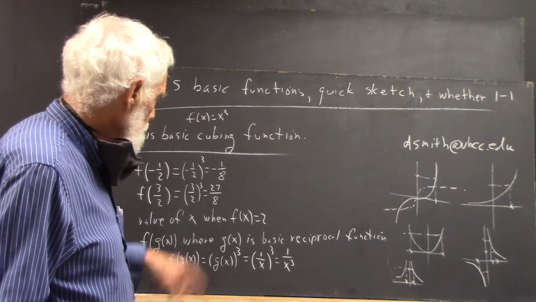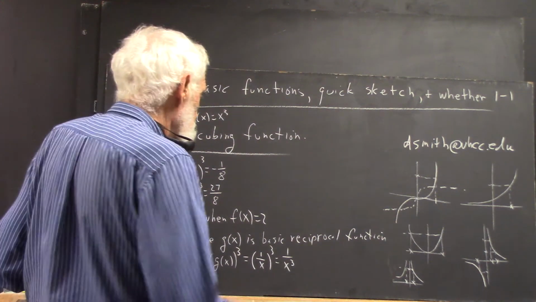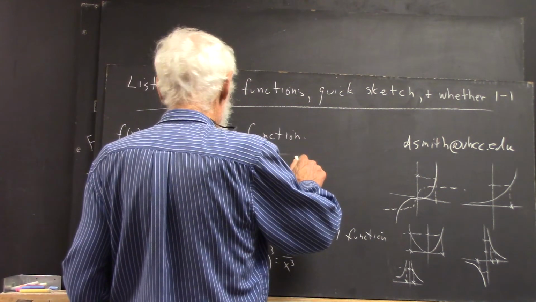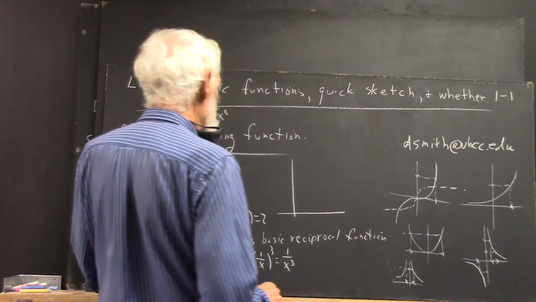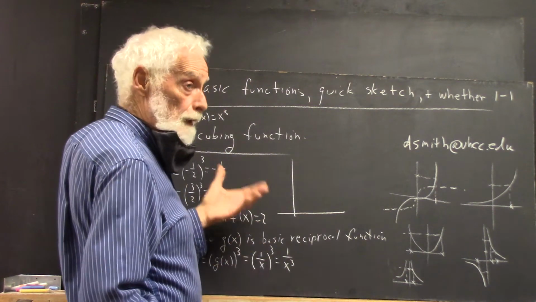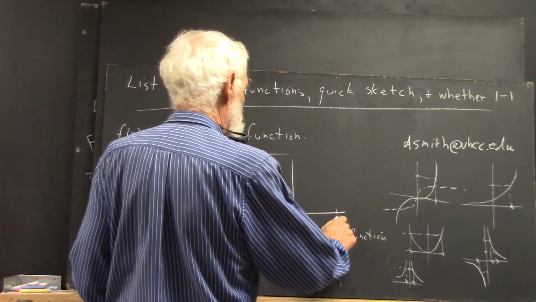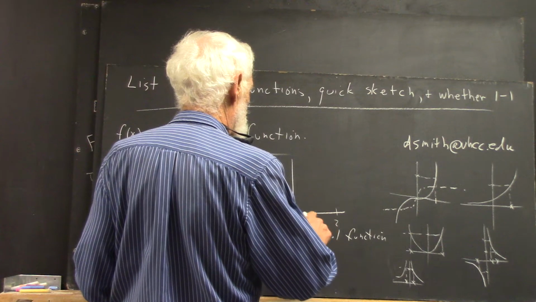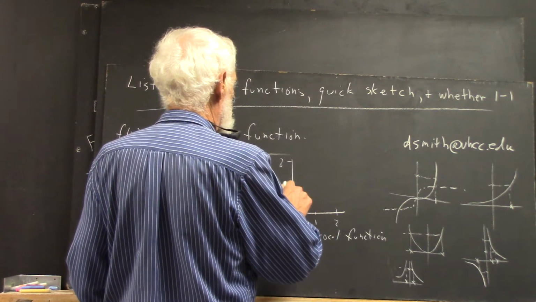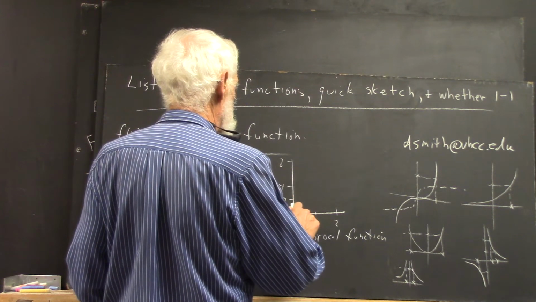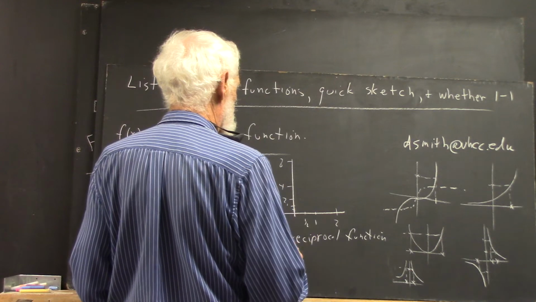Now let's talk a little bit about the value of x when f of x equals 2. Well, you have the basic cubing function, and I'm just going to do it in the first quadrant right here because f of x equals 2 means that the y value is 2, which is more than 1. So we have 2, 1, 1/2, we have 8, 4, 2, 1, and there's 1/2 and 1/4.